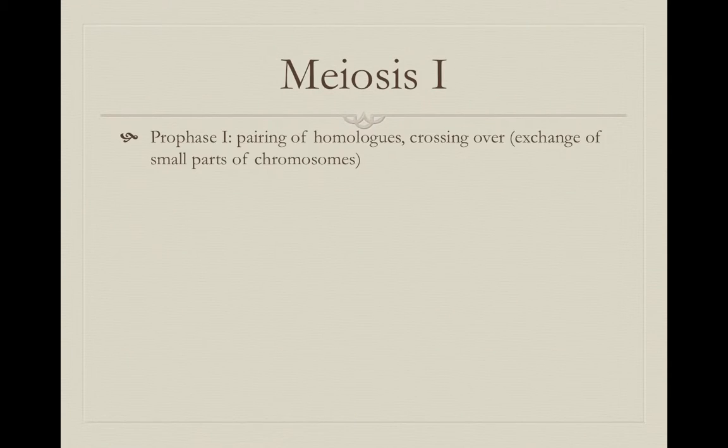So, meiosis 1. I'm going to list these in steps, or each of the stages, but it's not necessary to memorize what happens in each stage. The College Board changed that, so you don't need to memorize what's in each specific phase, but it's important to know what happens in general in meiosis 1. The first stage, prophase 1, is the pairing of the homologues, and crossing over takes place, or the exchange of small parts of chromosomes.